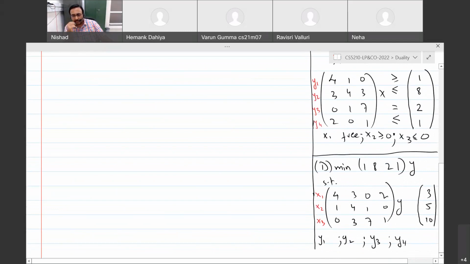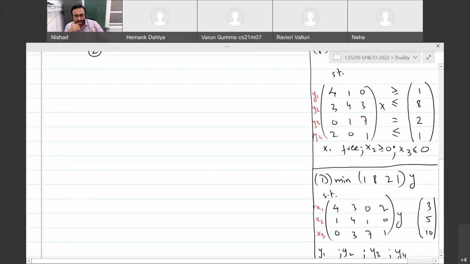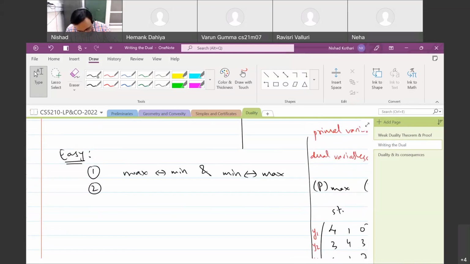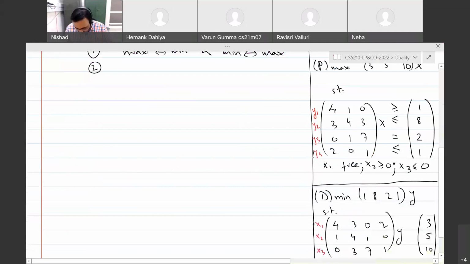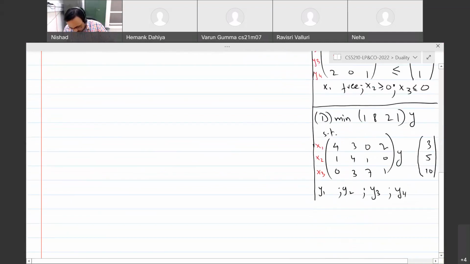I have 4 variables, y1, y2, y3, y4. Which of these should be free variables? Y3 can be free. Y3, exactly. That's exactly what happens. Y3 becomes a free variable. Let me write that down in red color. So y3 is a free variable.